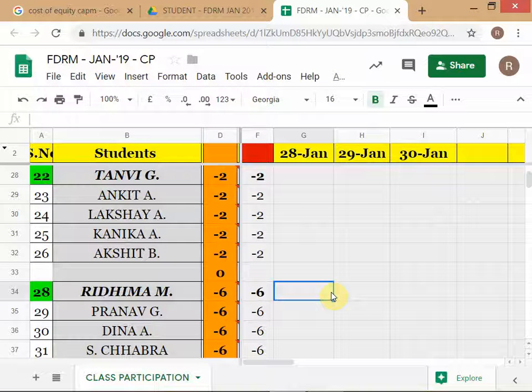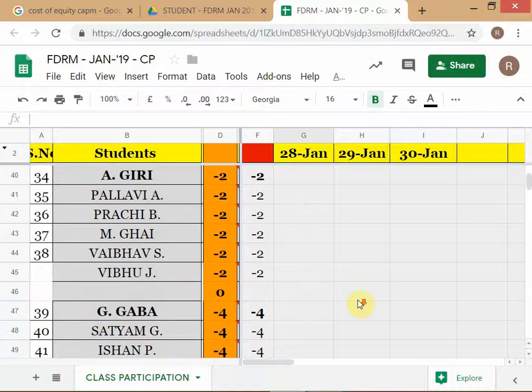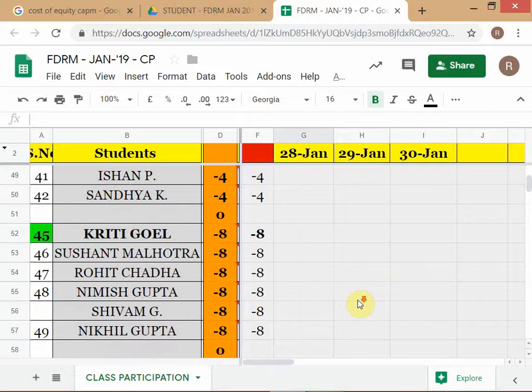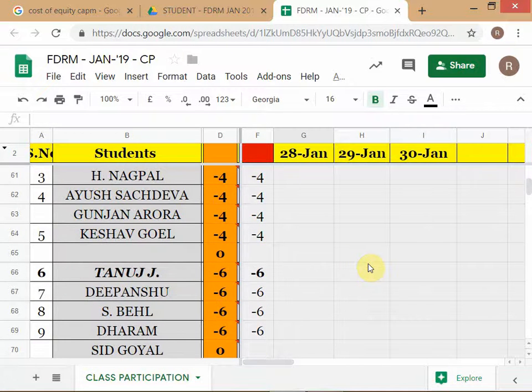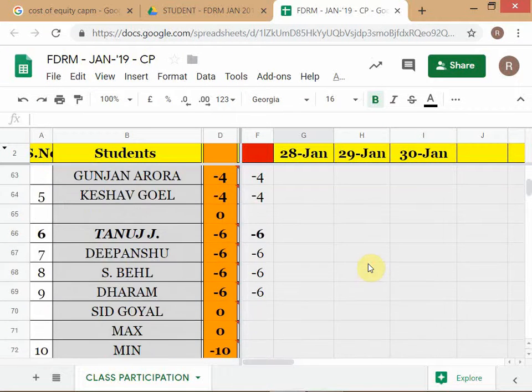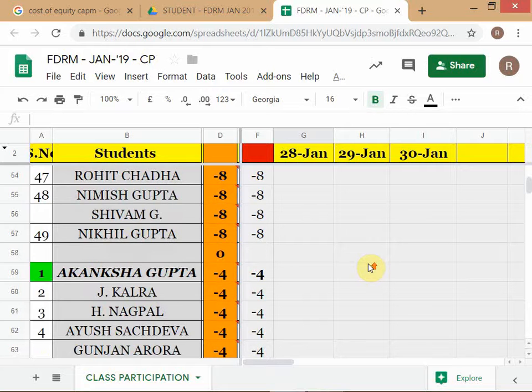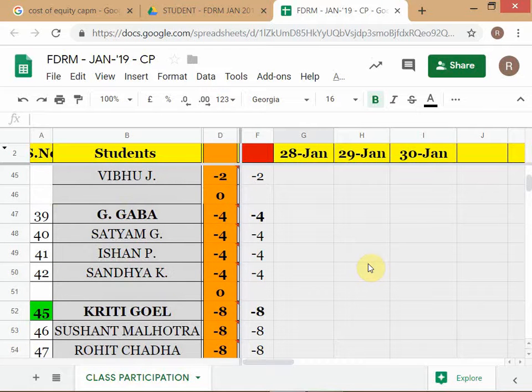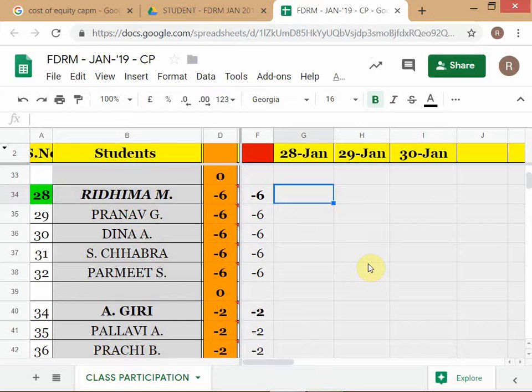Another one, Akshit also, I'm going to deduct marks because Akshit is also looking at his phone. Akshit is in which team? Akshit, come and put your phone over here so you don't make this mistake. Put the phone here. Akshit is in which team? GABA. No, where is Akshit?